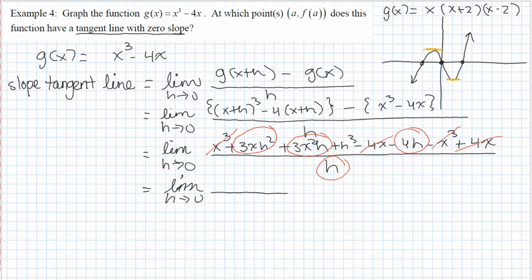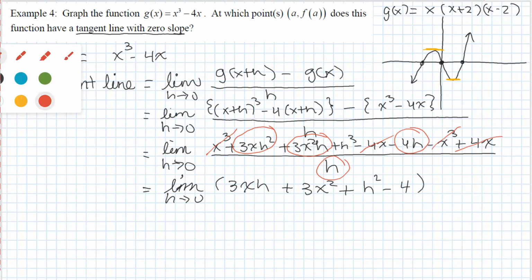When I divide everything by h, I will have 3xh plus 3x squared plus h squared minus 4. That's what's left over after I take everything and divide by h.